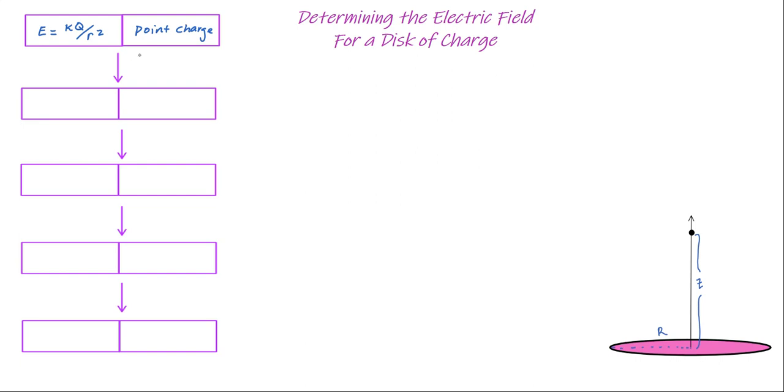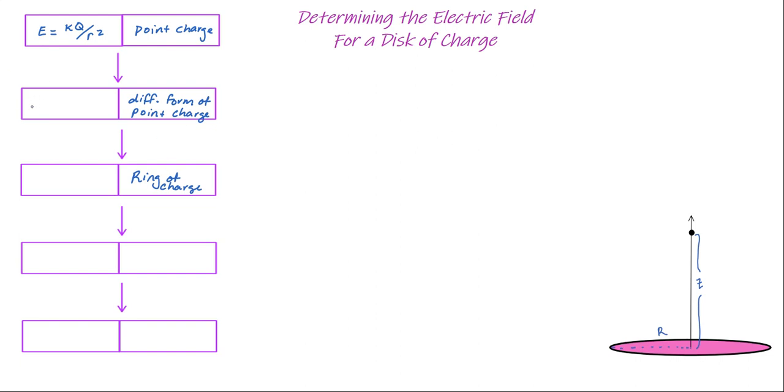What we did was, our first goal was to find the electric field for a ring of charge located at a specific point. So essentially we said, well, a ring is made up of a bunch of points. So if I can show what I will call a differential form of the point charge equation, then I can integrate the differential form and add up all those little points to get a ring.